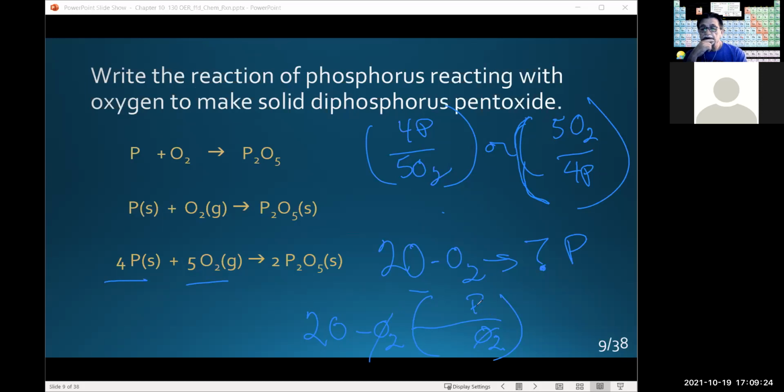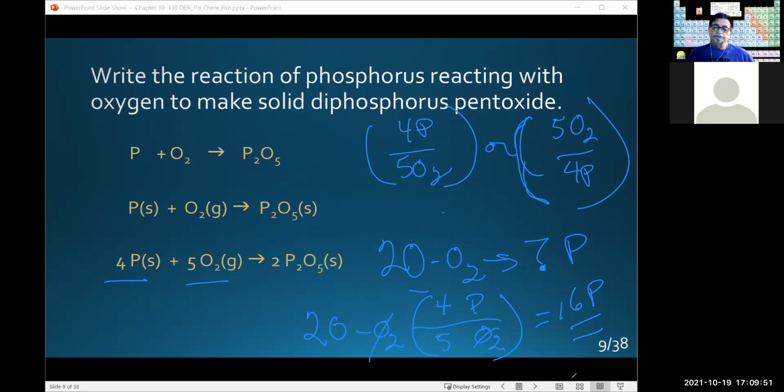So what does that mean? Based on the balanced chemical equation, the phosphorus to oxygen ratio is 4 to 5. Unit-wise, I'm left with phosphorus. If I start off with 20 O2s, I need 16 phosphorus. Does that look correct?